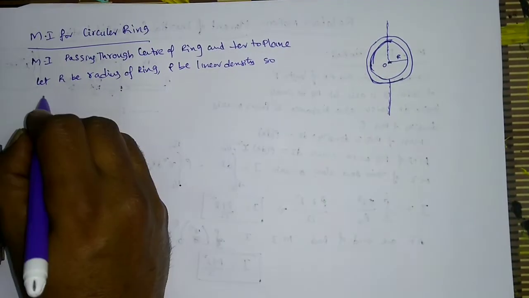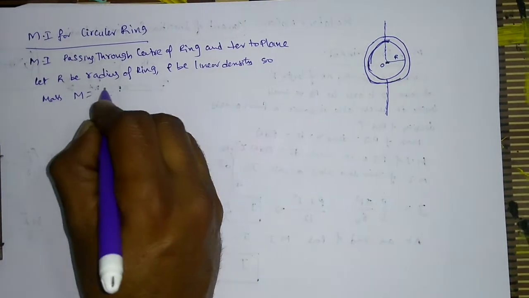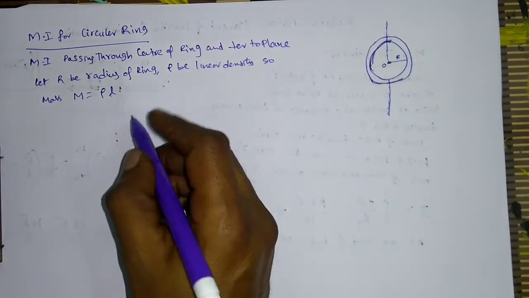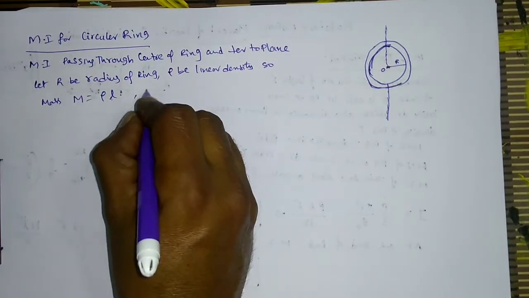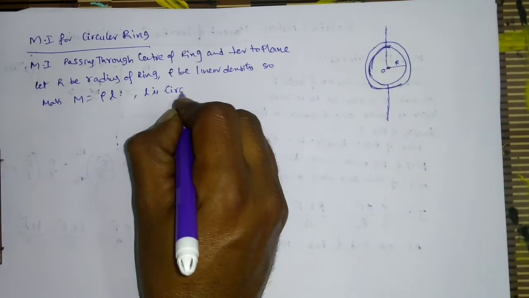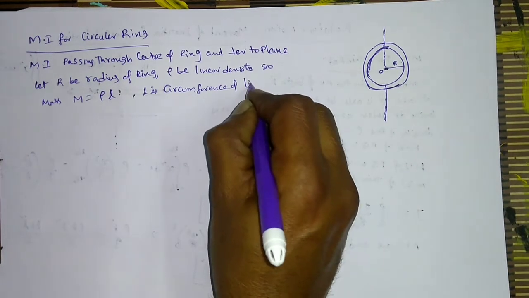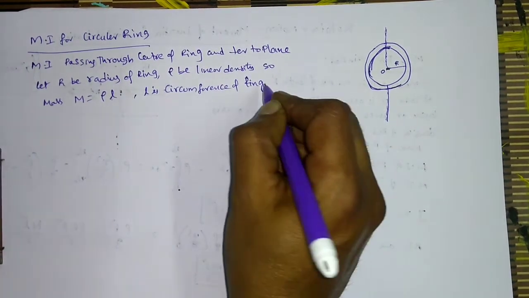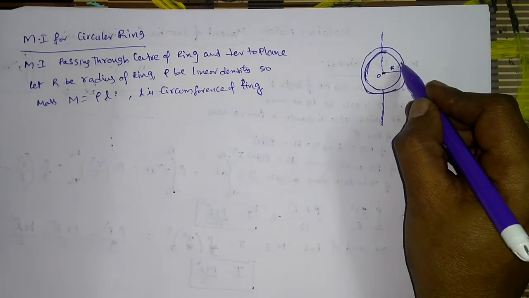So mass M is equal to, as you know, rho into L. Here L can be considered as the circumference of the ring.